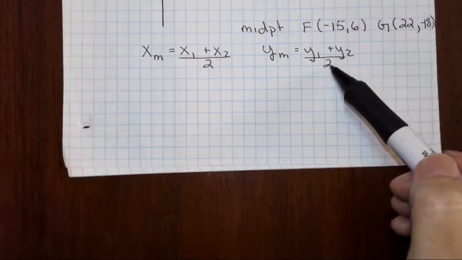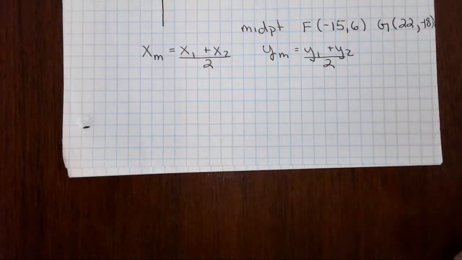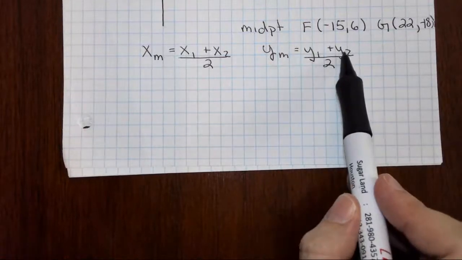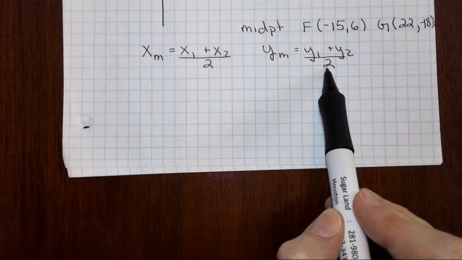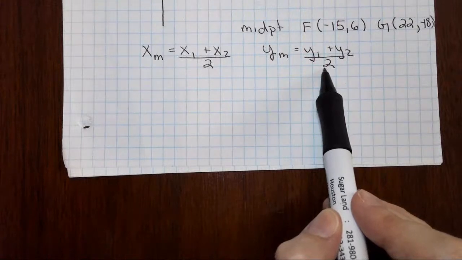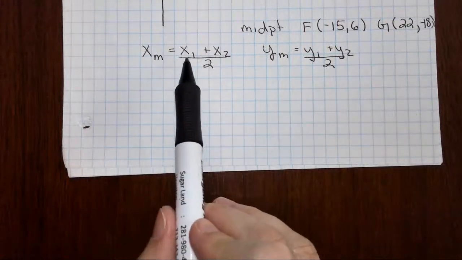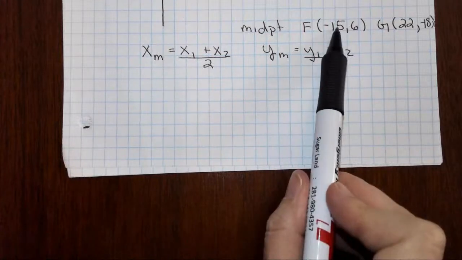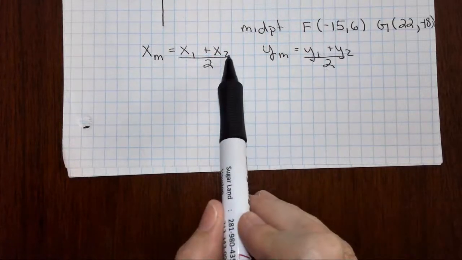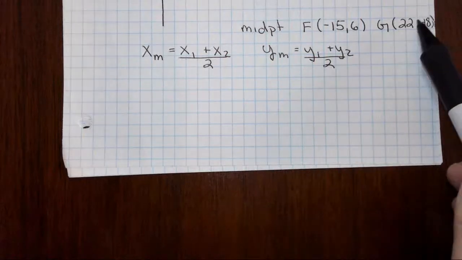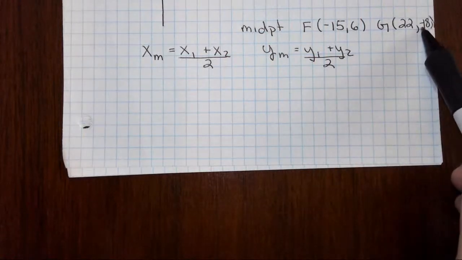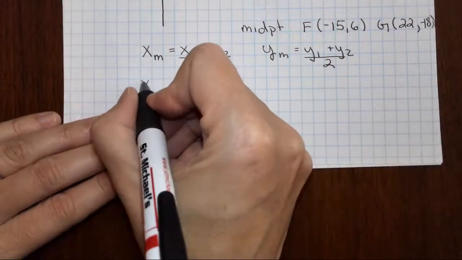Remember, when we divide like this, we're actually doing an average. We took two values, we're dividing by the number of them, that's an average. So x1, y1 would be our first point, and x2, y2 means our second point.